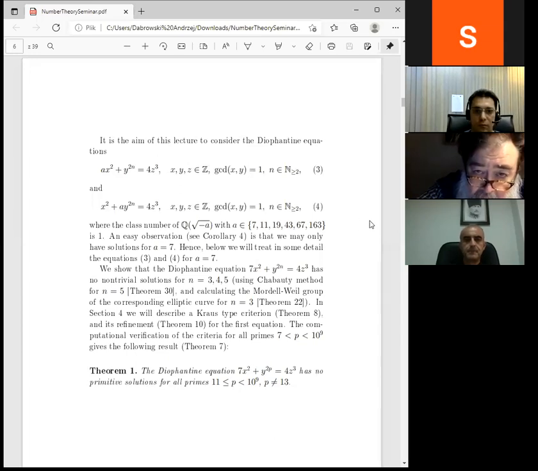It's partly because the class number of the corresponding imaginary quadratic field is 1. Then it's easy, but of course we may try to generalize it when, say, the class number is not divisible by 3. Similar techniques may be applied.